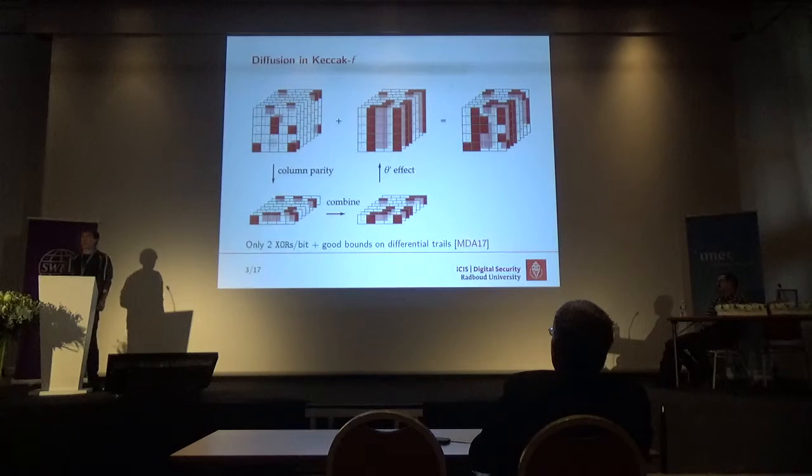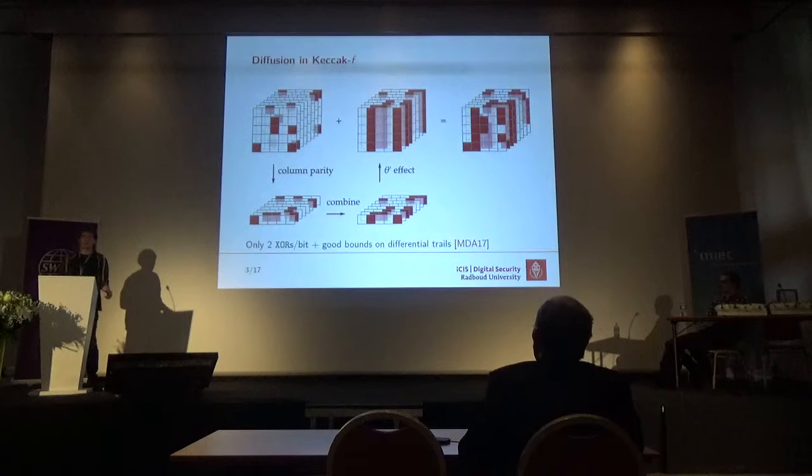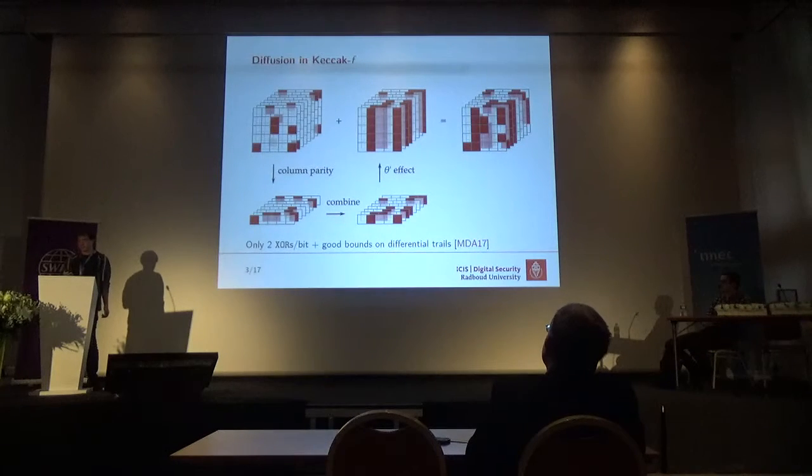So the main goal of this work is to generalize this type of mixing layer and show that it can be used not only in Keccak, where you have this state that's based on bits and has a cubical shape, but we can also use this on a typical rectangular state with elements of finite fields.